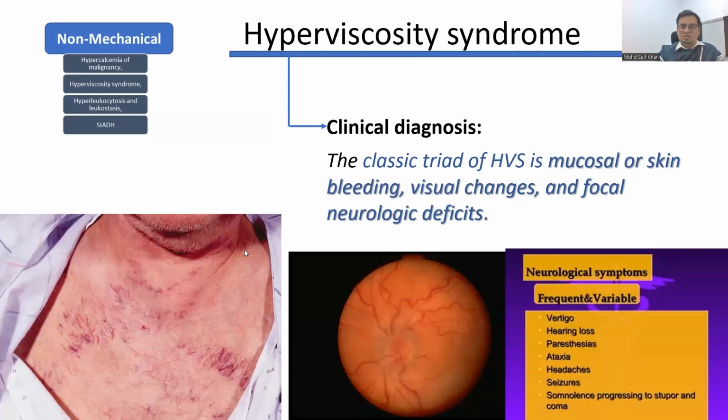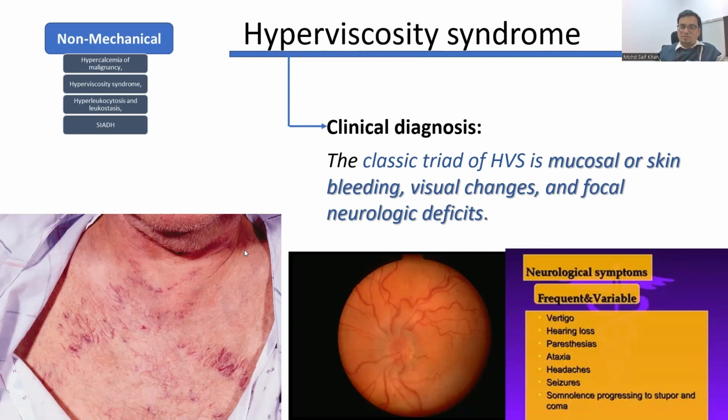So hyperviscosity syndrome leads to a clinical triad. The diagnosis is usually clinical in such cases. The clinical symptoms of hyperviscosity, the triad, are mucosal or skin bleeding, visual disturbances such as blurred vision or diplopia, and neurological symptoms like vertigo, hearing loss or paresthesia.